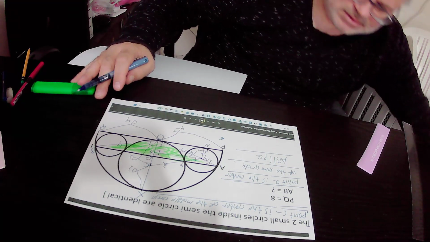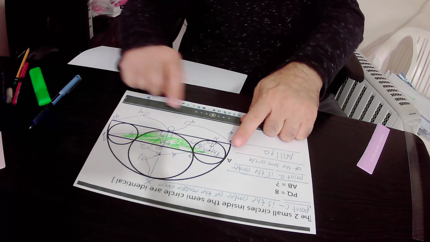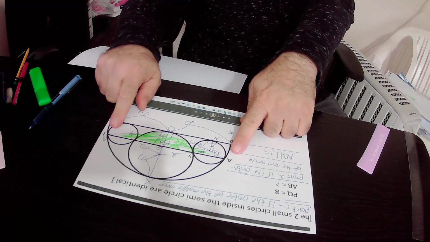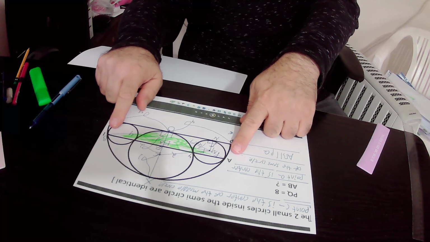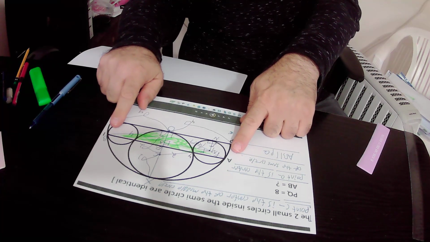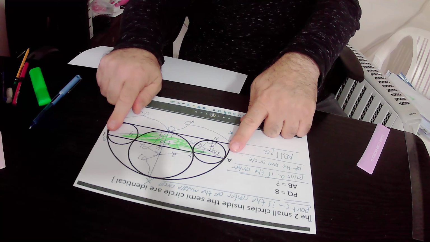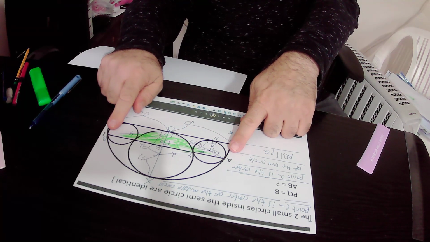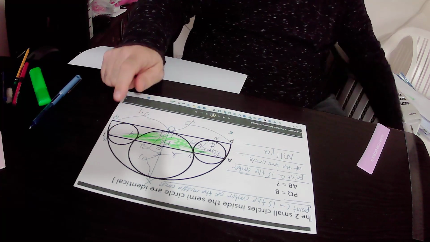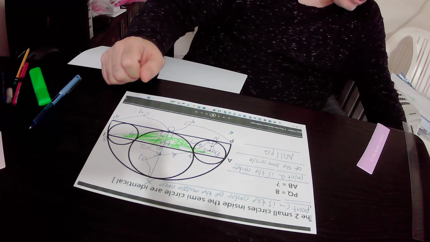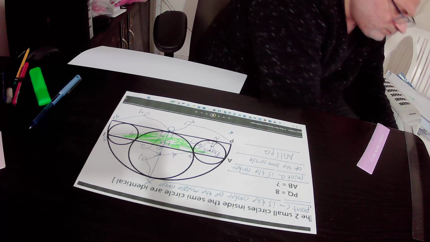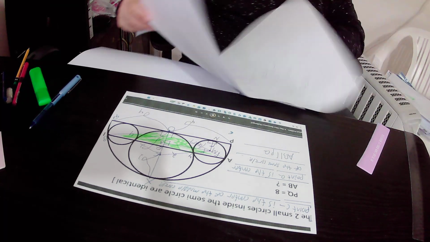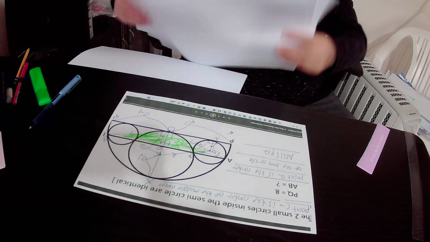Here AB, the length of chord AB, equals either 16 over 3 times square root of 2 units, or in terms of numbers, 7.54 units. Okay, so now I will summarize the lecture. Actually, we wanted to find out the length of chord AB.